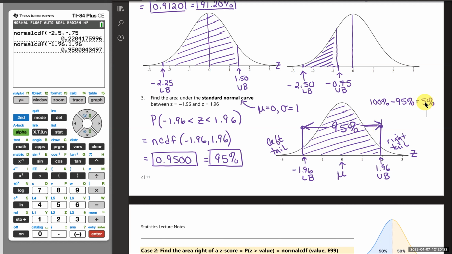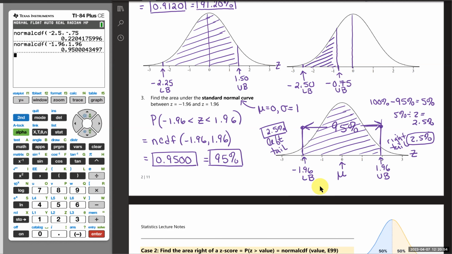If we divide that by 2, it tells us what proportion of z-scores are on either side. We did this in a previous chapter, divided that by 2, 2.5%. So 2.5% of z-scores would be above positive 1.96, and on the other end, 2.5% of z-scores would be below negative 1.96.